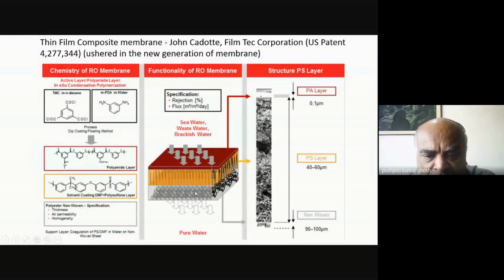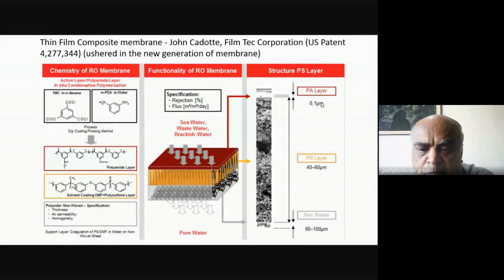So you get a film of this polymer over the polysulfone. Now watch this. This polymer that is formed is extremely thin, maybe between 0.1 and 0.2 micron. So you can imagine this was 100 micron, this is about 50 micron, and this is 0.1 or 0.2 micron.